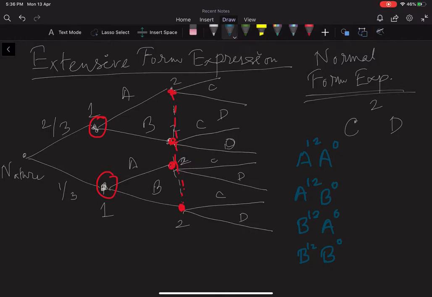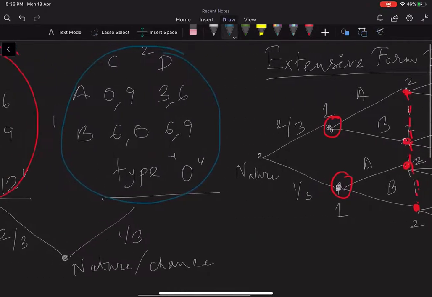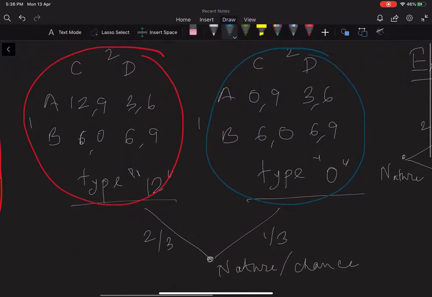Now, the question is, what are the payoffs for AC? If I go back to this payoff matrix here, payoff for AC is this in this type 12 matrix, and payoff for AC is 0, 9 in the right payoff matrix.